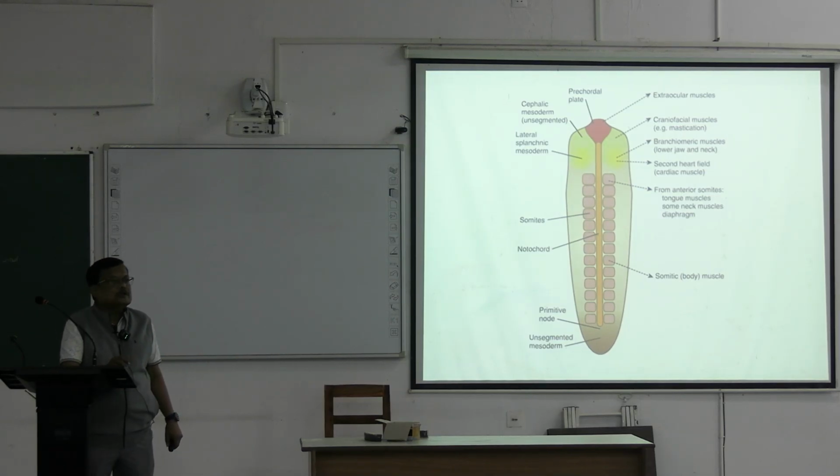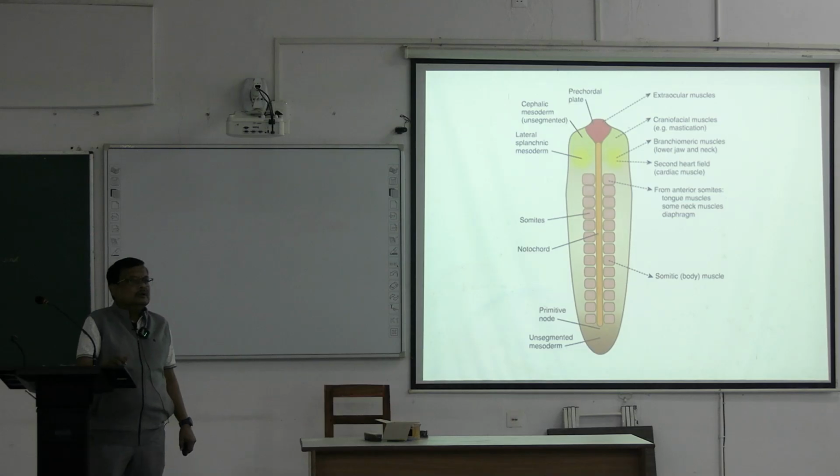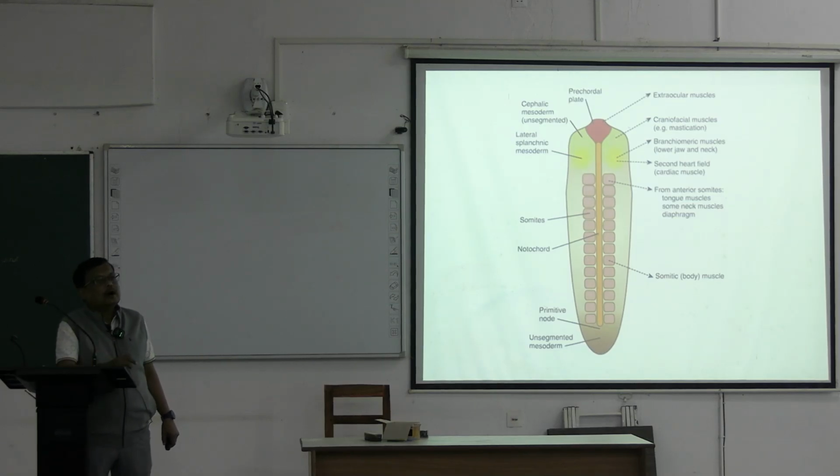And from the occipital somites, the skeletal muscles of the tongue are formed, except palatoglossus.